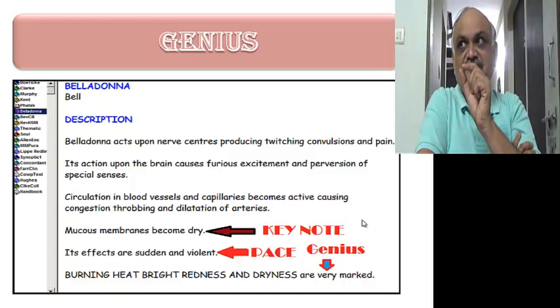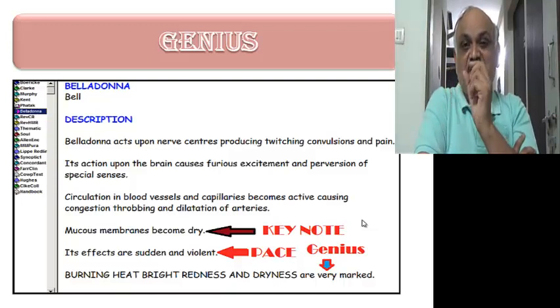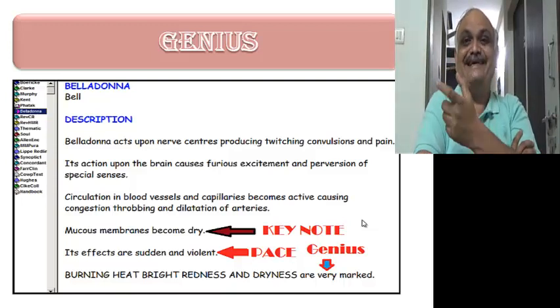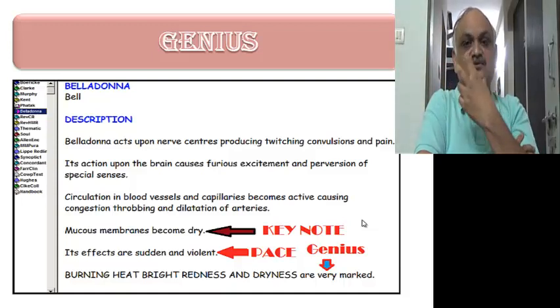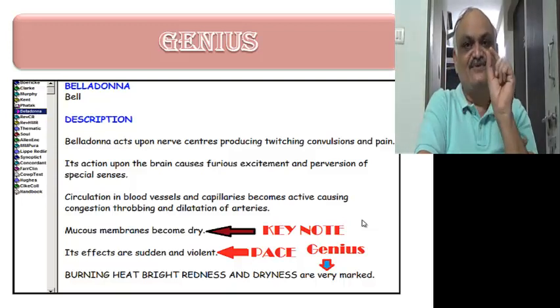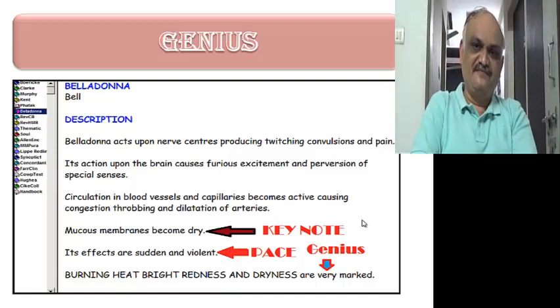A person is feeling heat in the head, in the mouth, in the eyes, in the nose, in the vagina, or in the abdomen, anywhere, but it is burning in character. In the body, during the fever, anywhere. Bright redness, all the orifices, throat, anything is very, very brightly red. And dryness. So suppose your case has bright redness with dryness, directly Belladonna comes up. So this we call genius.